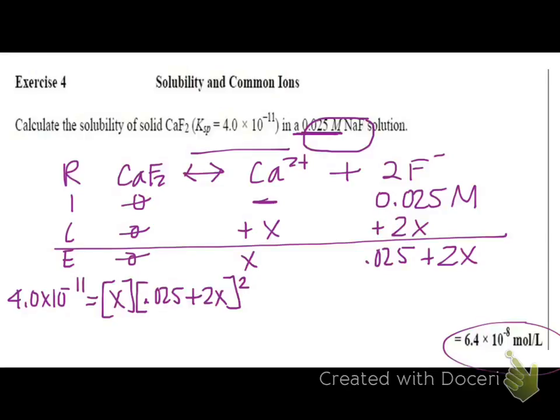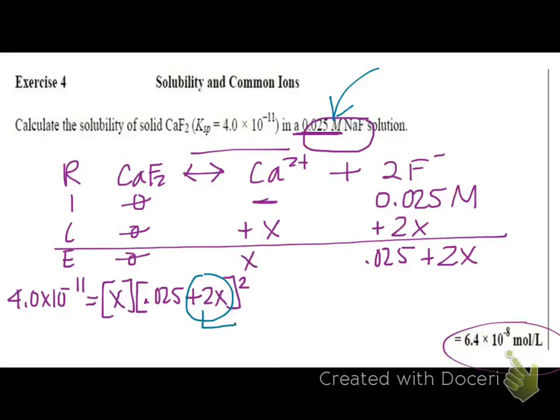You can't always do this, but it's always a good idea to do this first and then you check. Because we have a relatively large concentration in the 0.025, this 2x right here is going to make very little difference in the overall concentration. So we can assume that it is negligible.